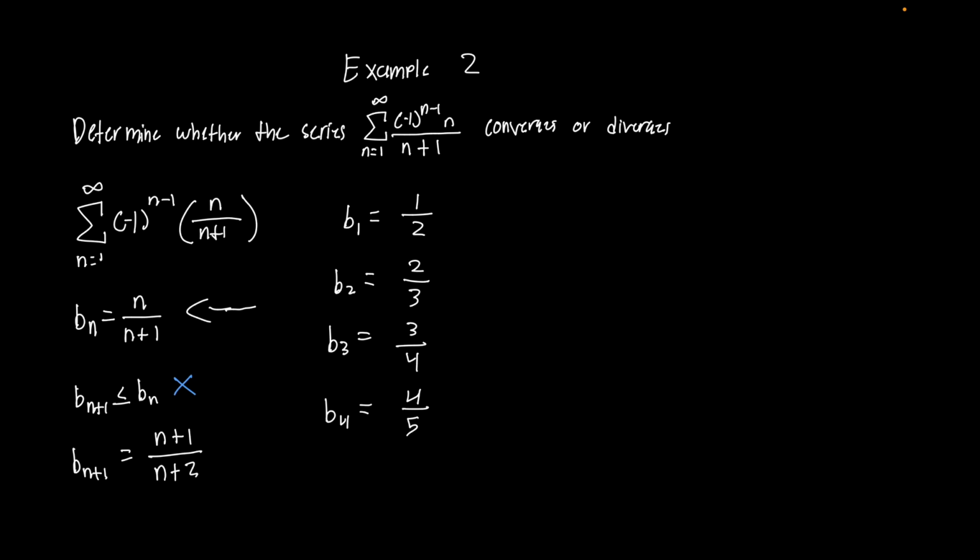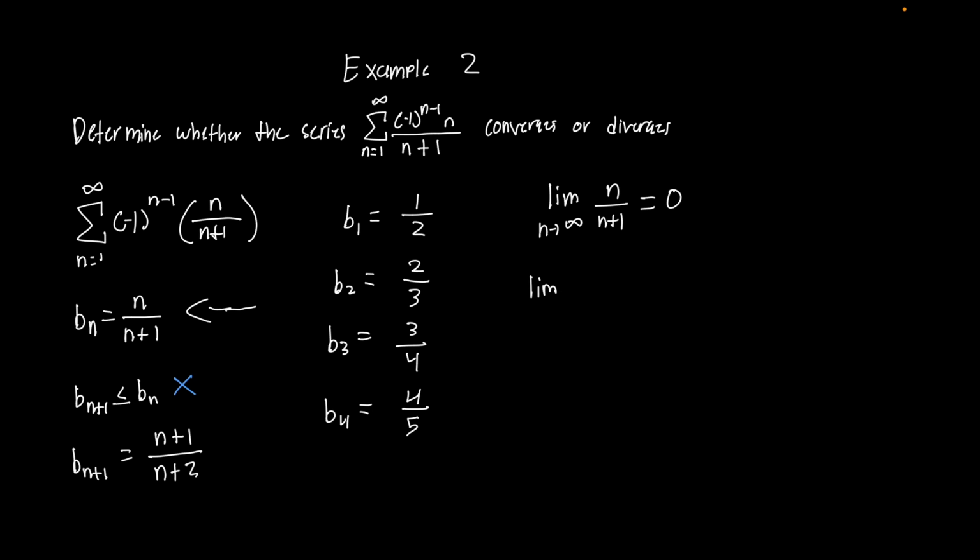However, we still need to check whether the limit of that term approaches 0, just in case. So that means the limit as n approaches infinity of our term, n over n plus 1, is equal to 0. We need to check if this is true. So let's evaluate this.